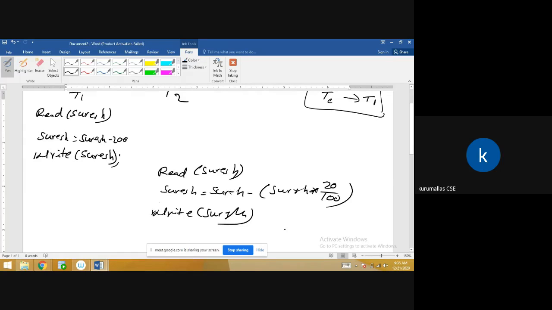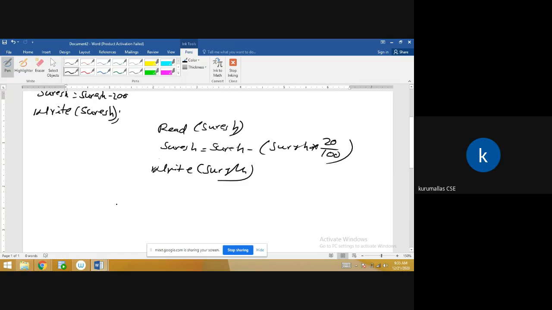After this, in T1, Raja account, read that account. Once you read, update the Raja account, Raja equals Raja plus 200. We have to write that account, write Raja. Okay.